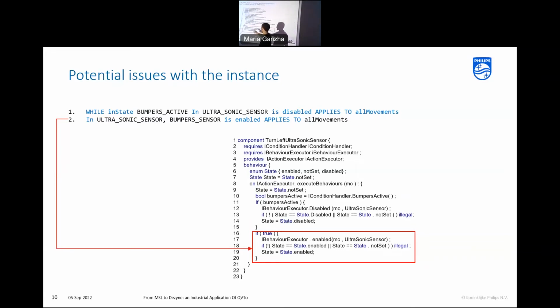If it is not enabled or not set, then we are setting a conflicting value, so we mark it as illegal. And this is basically to tell the model checker that we would like to prevent such an attack.